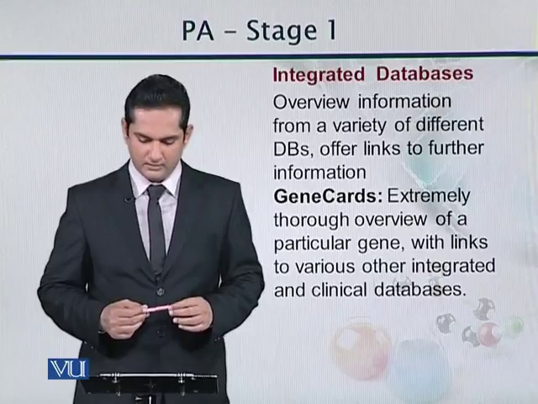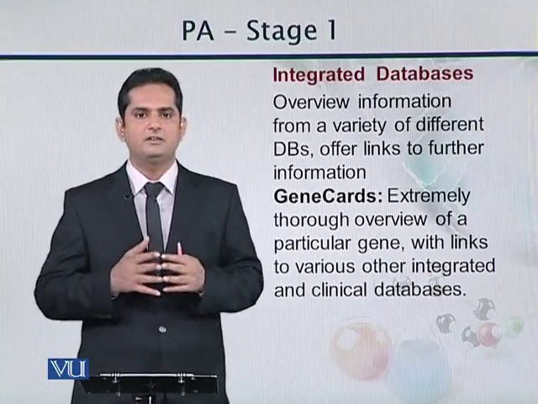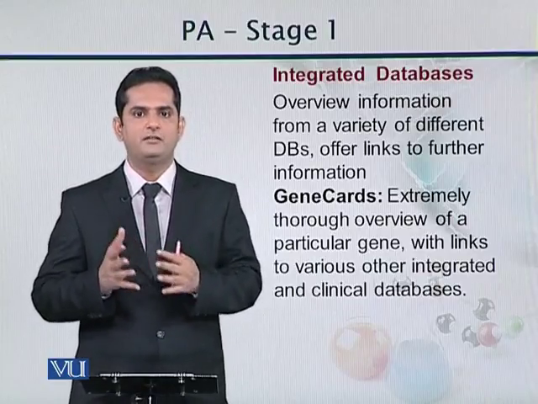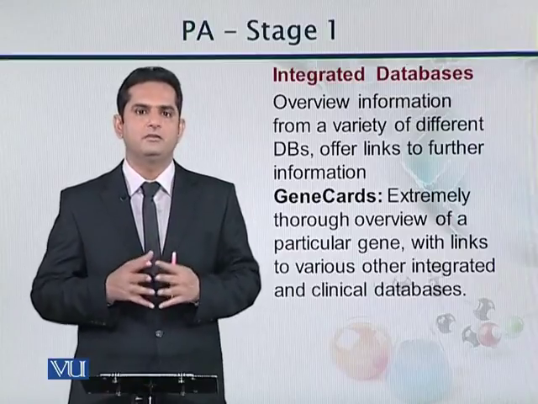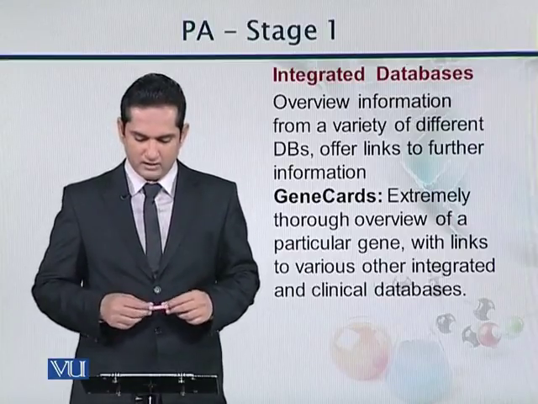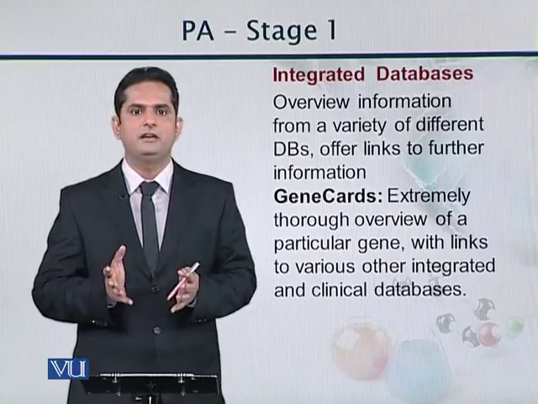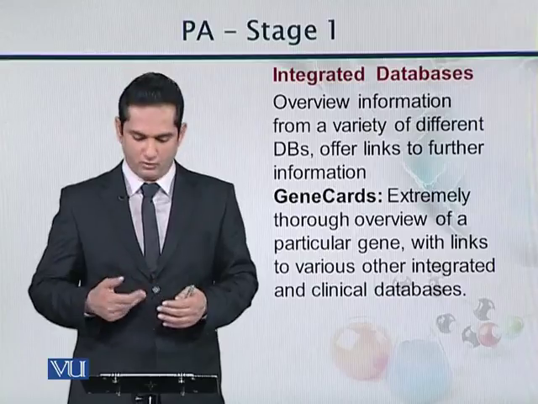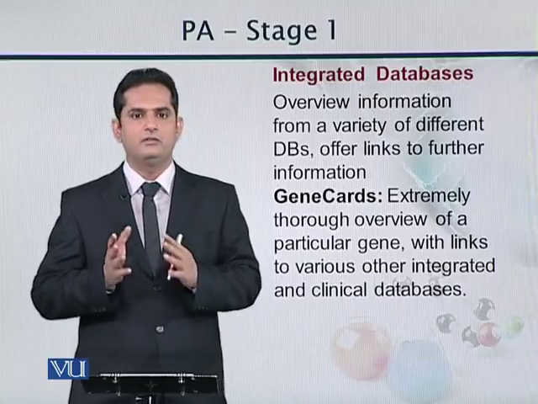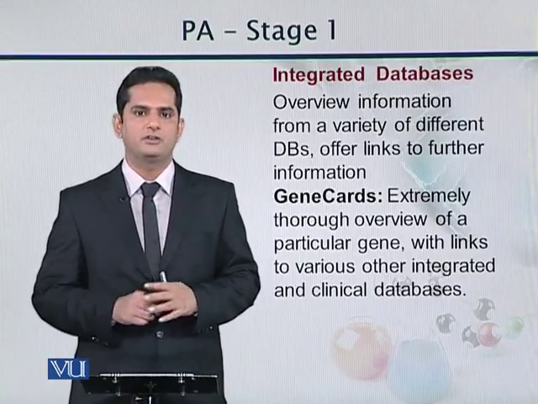Similarly, we have integrated databases. So what happens is this is basically an amalgam or mixture of different other DBs, making one unique DB. So we have GeneCards, which is basically keeping information about complete gene sequences, and it would be very thorough information, and it also has links with other information or other DBs.